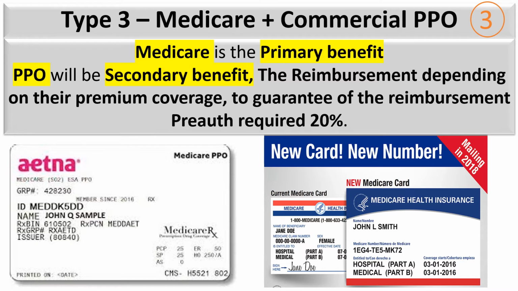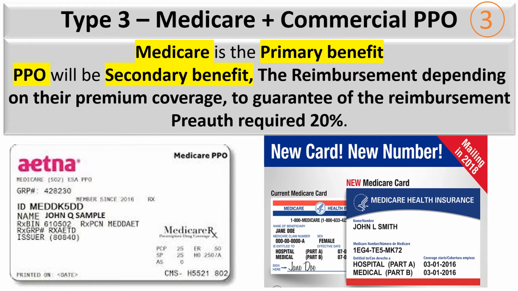Okay, for this type, if we 100% cover, we require pre-auth for the second PPO only. But do we need pre-auth before the treatment for Medicare reimbursement? No, we don't.